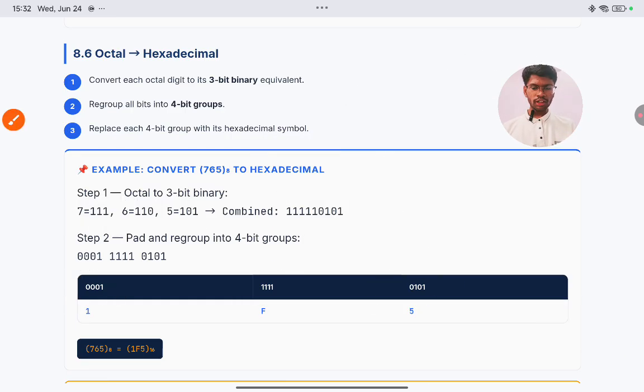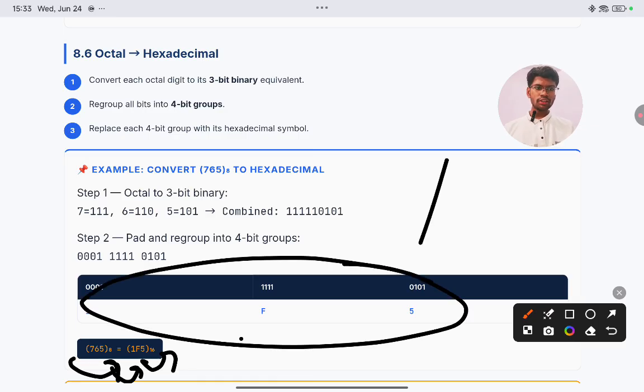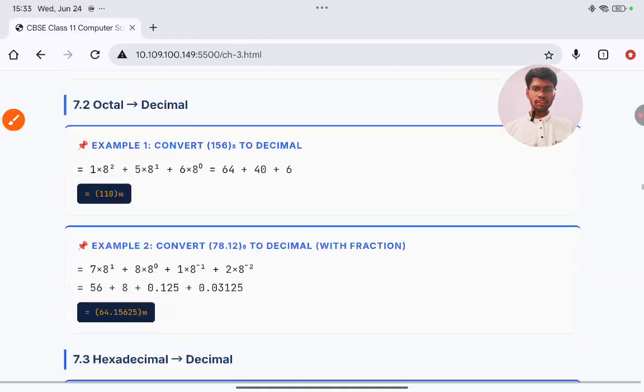From the table that we gave for hexadecimal, this is 1, this is F, and 0101 is 5. Write it as 1F5 when you convert from octal to hexadecimal through binary. You have to remember this from the table I gave you.